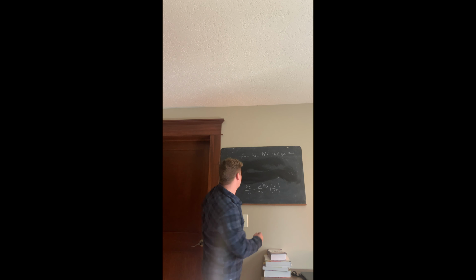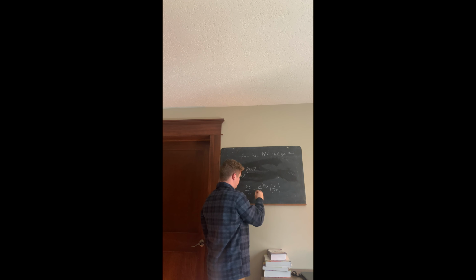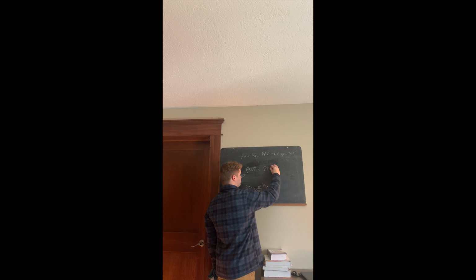We're going to go back up this way now. And it's going to be P2V2, because this goes over here. And this is going to be P1, my bad guys. And it's going to go over here, which is equal to P1V1.